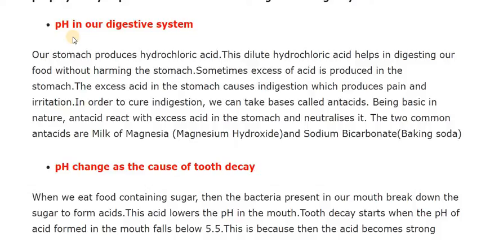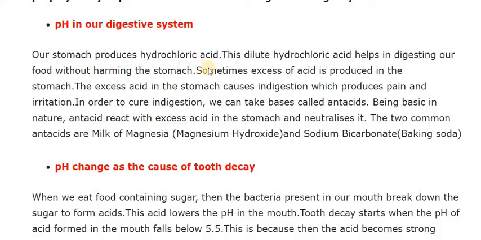Let's see the answer. First of all, we see the pH in our digestive system. As we know, our stomach produces hydrochloric acid, HCl. This dilute hydrochloric acid helps digest our food without harming the stomach.